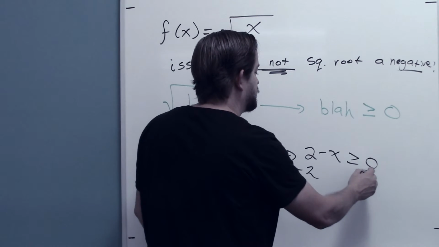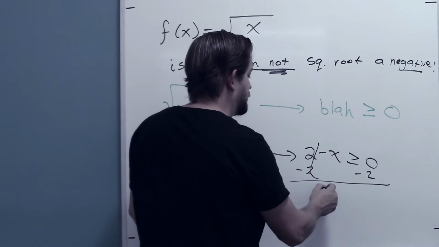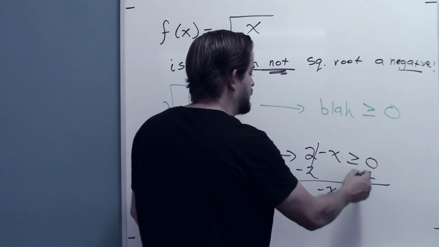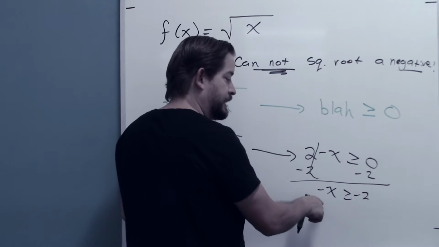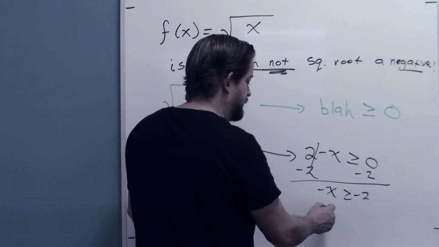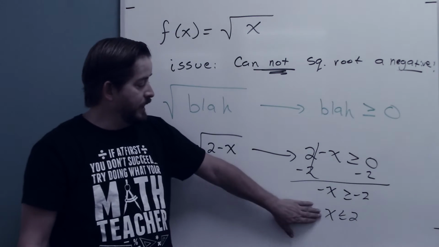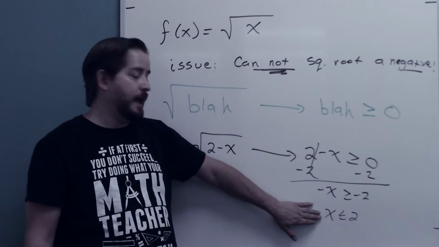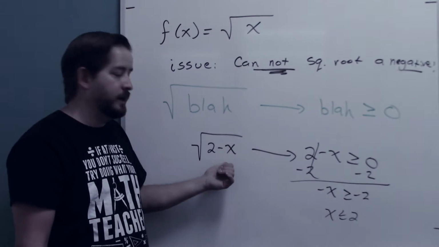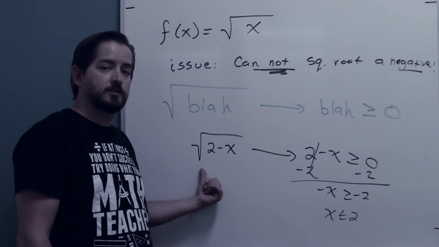Subtract 2 from both sides. That leaves me with negative x being greater than or equal to negative 2. Divide each side by negative 1, which will flip this sign. That leaves me x is less than or equal to 2. And that's my domain. That's the only place where I have x values that when I plug in here give me a positive number that I can square root.